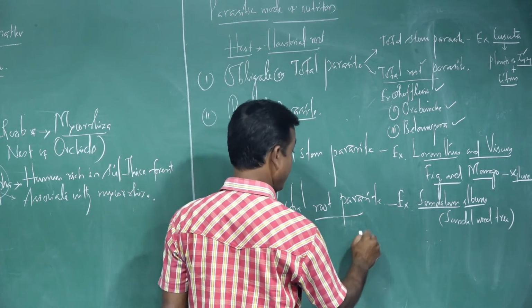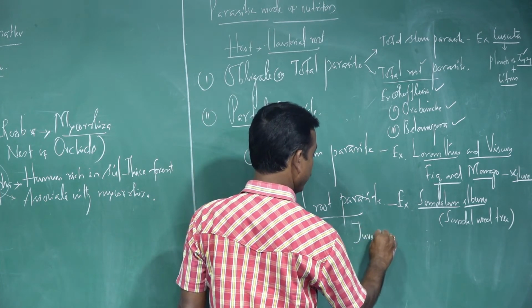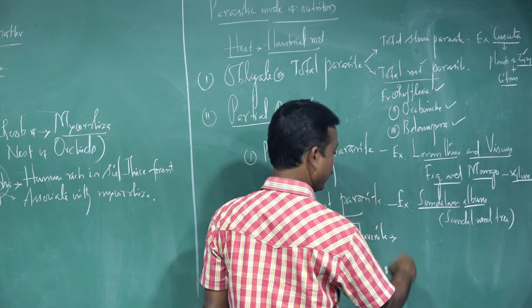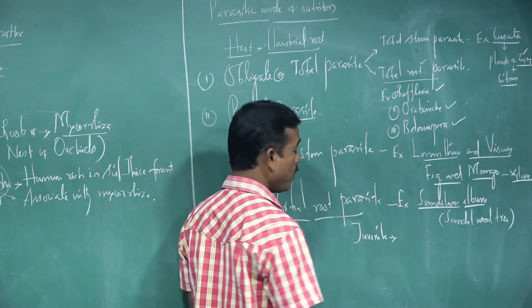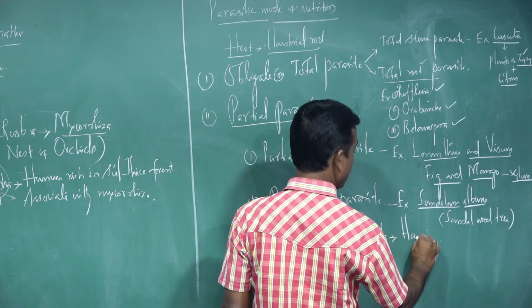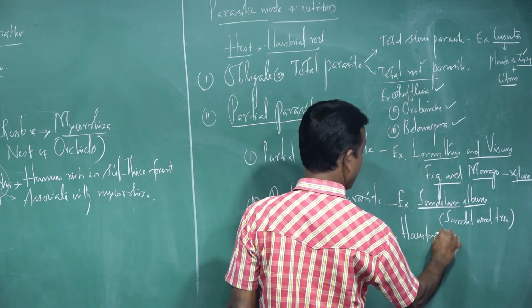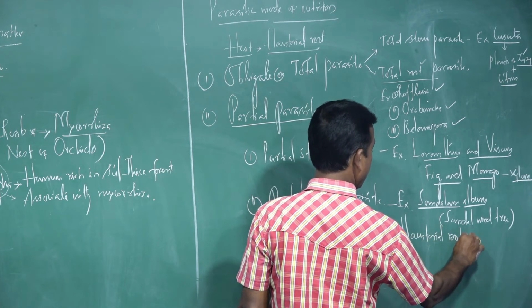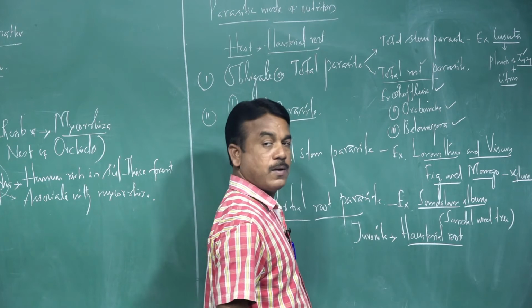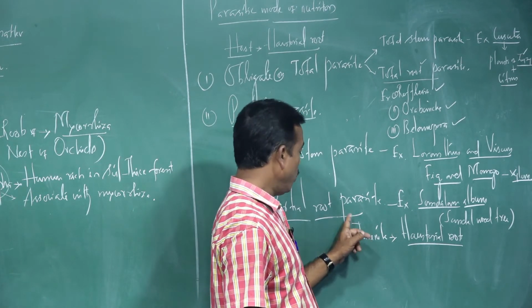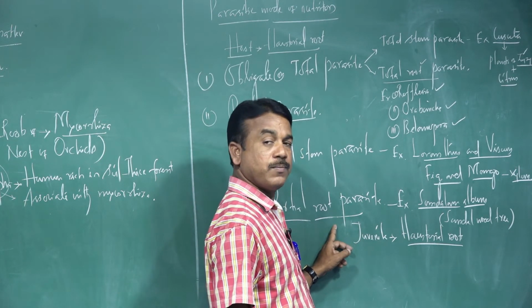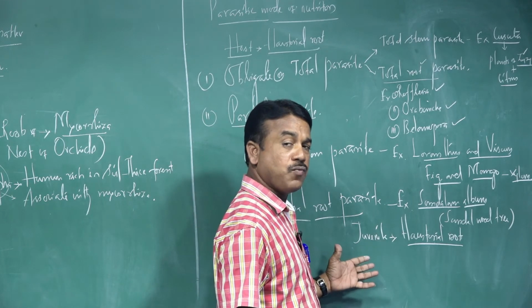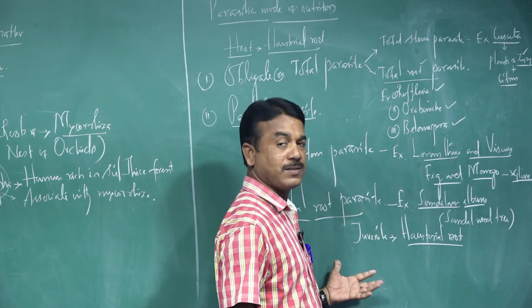In the juvenile stage, the sandalwood plant is responsible for producing the haustoria root. So partial root parasites may be found on many kinds of plants.